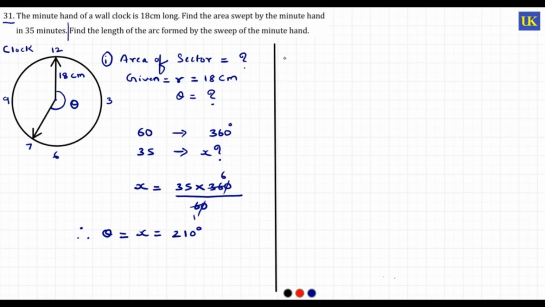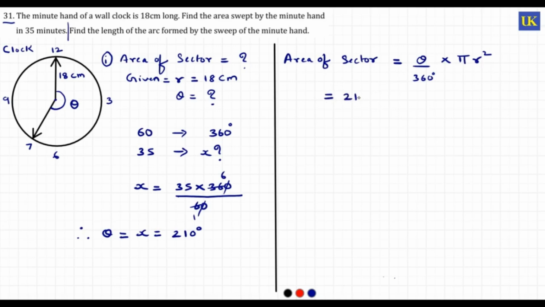Now we will find the area of sector. What is the formula? The formula is theta divided by 360 degree into pi r square. Now we will put the values.